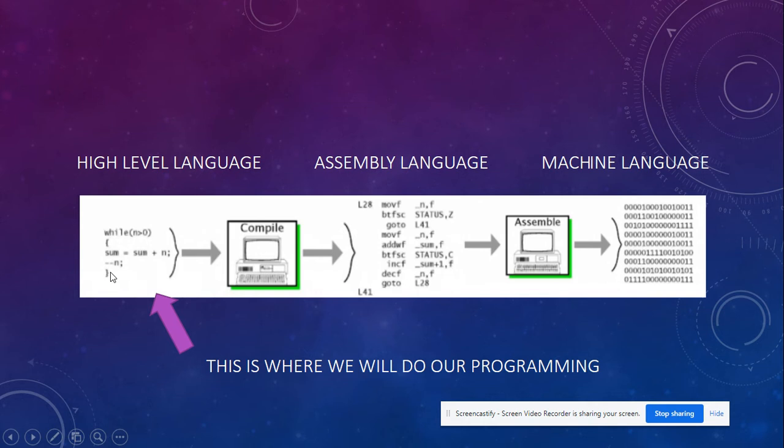So you can see the progression across here. High level compiles, the assembly language, the assembler, machine language. So that'd be good for the test to kind of review this. But like this little purple arrow shows, this is where we're going to be doing our coding.